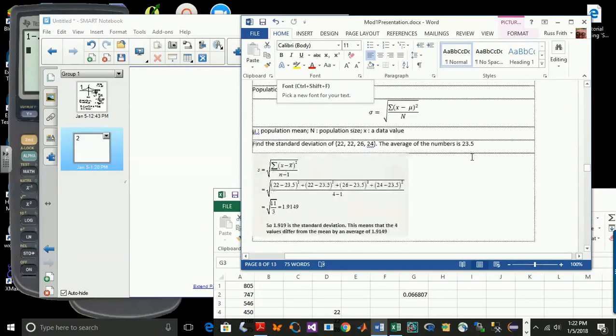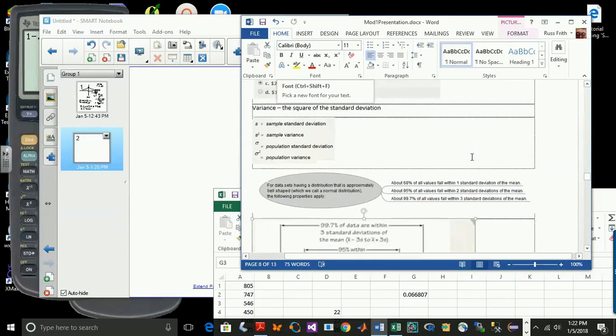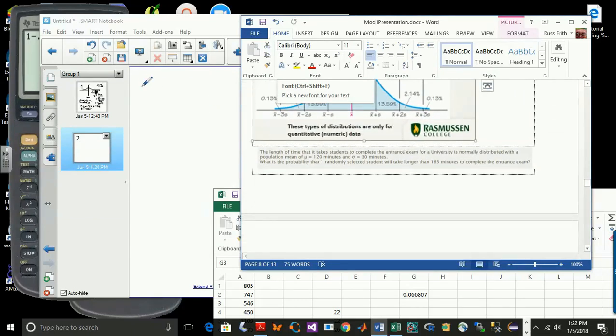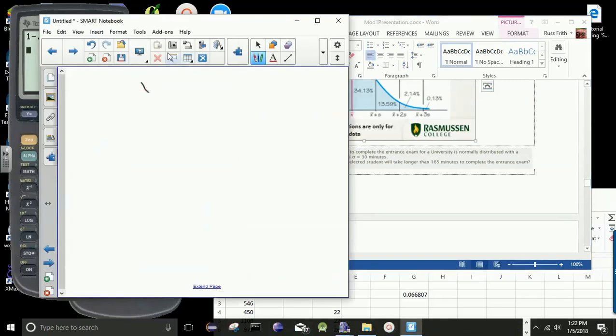Okay, when you have a sample of a population, I'll write this down.